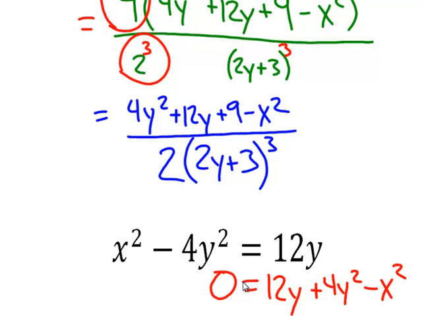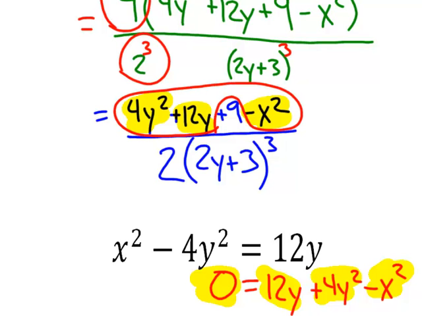Well, look at what we have in the numerator of our second derivative. We've got a 12y, which we had down here, plus 4y squared, and a minus x squared. And what does 12y plus 4y squared minus x squared equal? It equals 0.